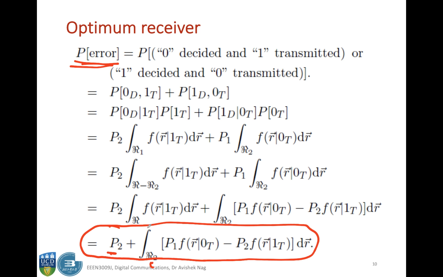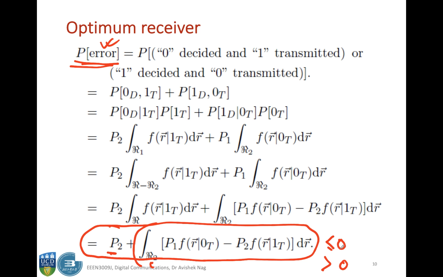So this means that if I can make this integral term negative, or less than 0, then you can further minimize the probability of error. On the other hand, if this term is positive, then your probability of error is increasing: P2 plus some positive term, so it's increasing.